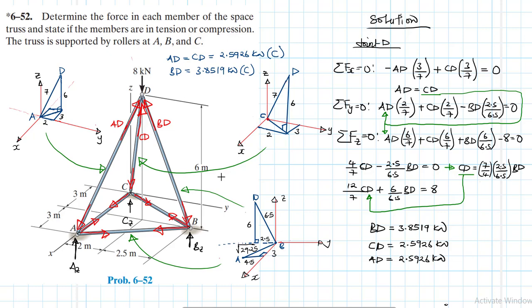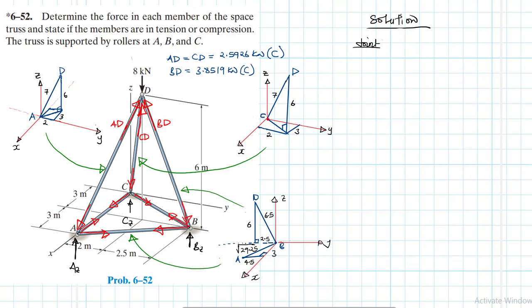All right, so then let's move on to joint number A. So joint A, what we have: summation of forces in the x direction. On joint A, we've already found what AD was.